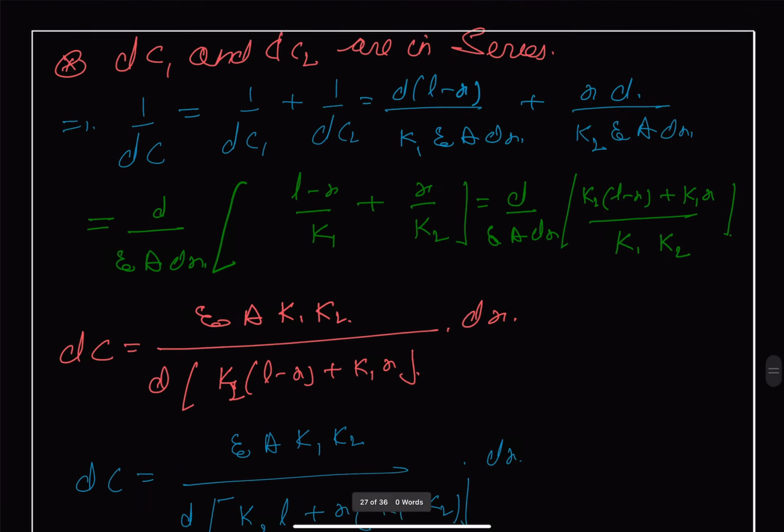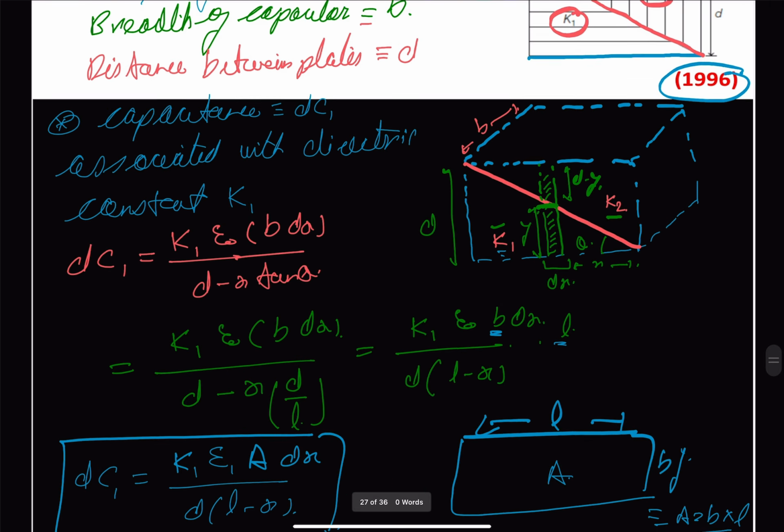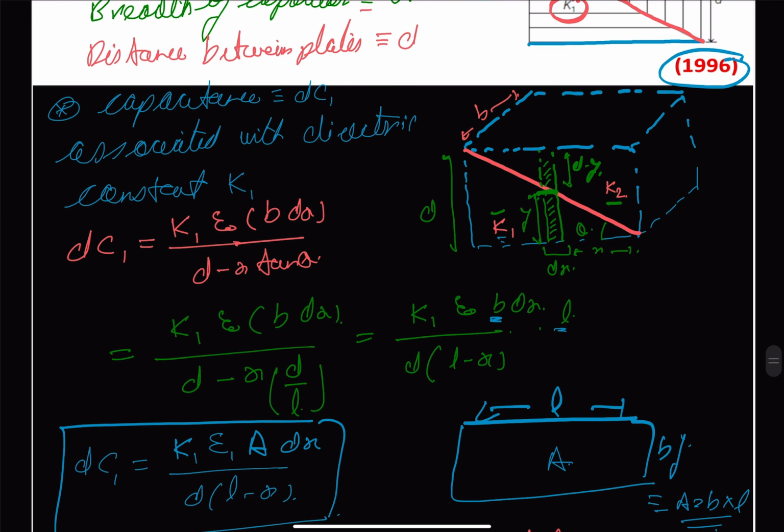Now here we have considered d of x, similarly we can consider another portion d of x like this, and similarly like this. So it will be a continuous process.